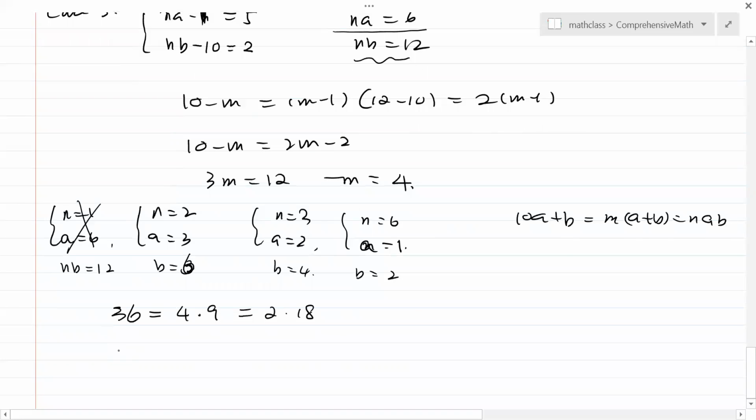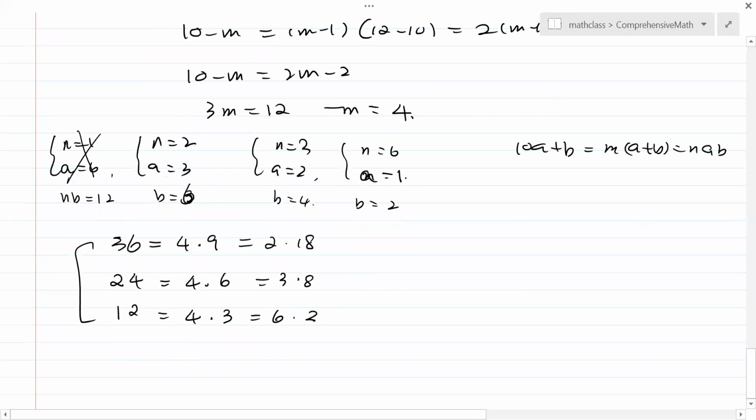Then A is 2, so 24 equals 4 times A plus B, and 3 times A times B. Then the other one is when A equals 1, B is 2, and M is 4, and 3, and N is 6, A times B is 2. So they all work.